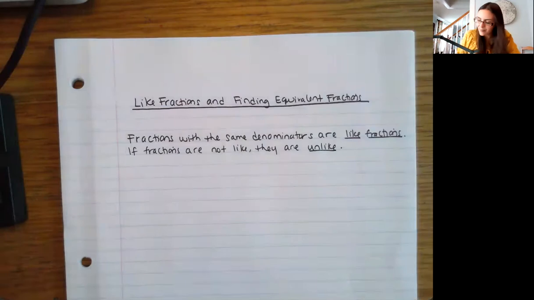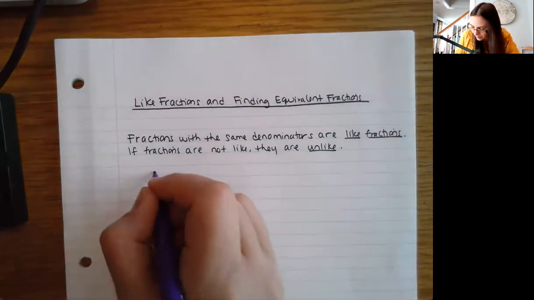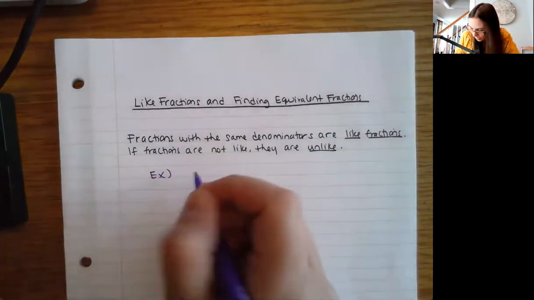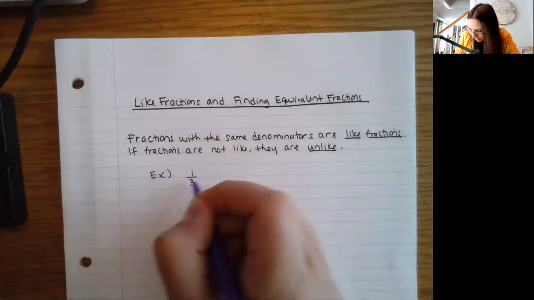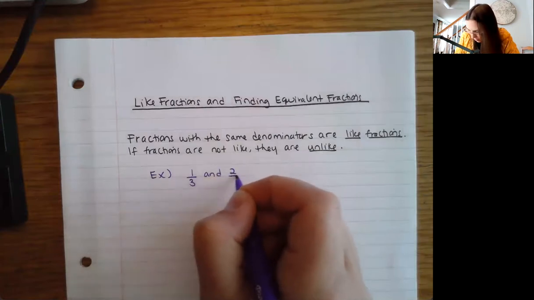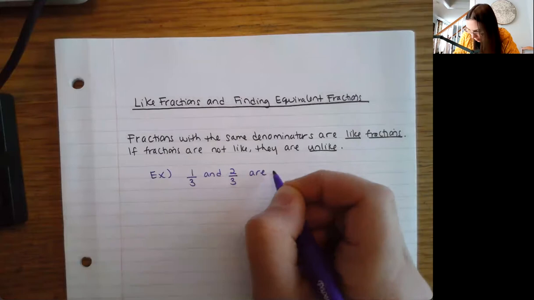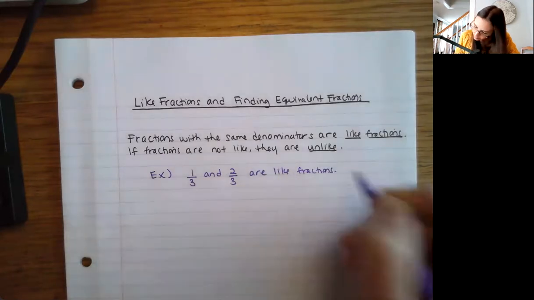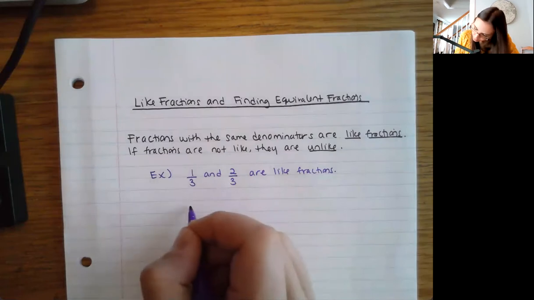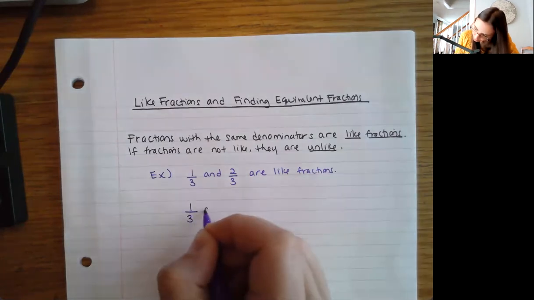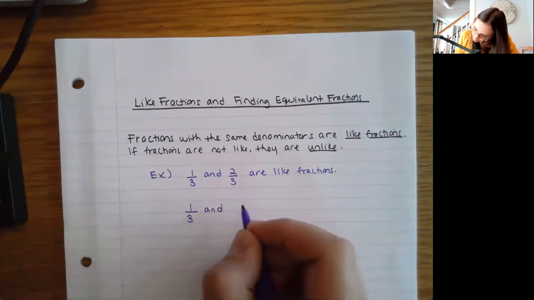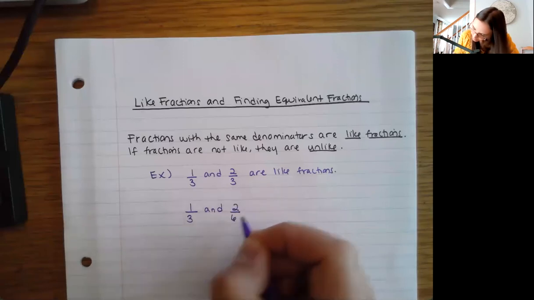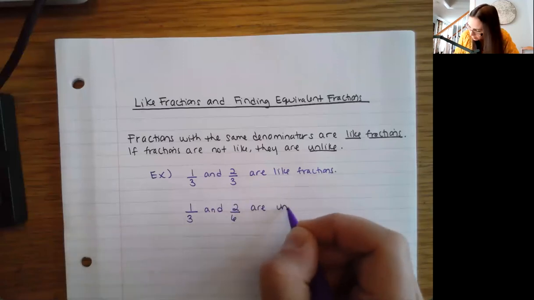So for example, 1/3 and 2/3 are like fractions, but 1/3 and 2/6 are unlike fractions.